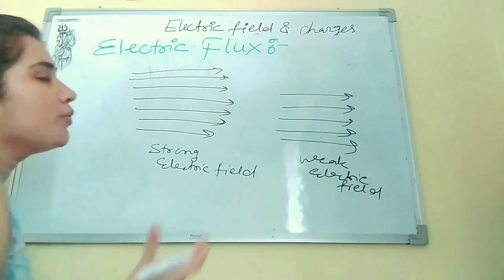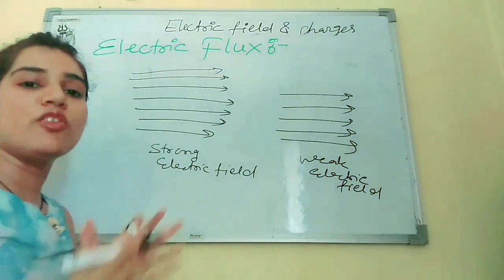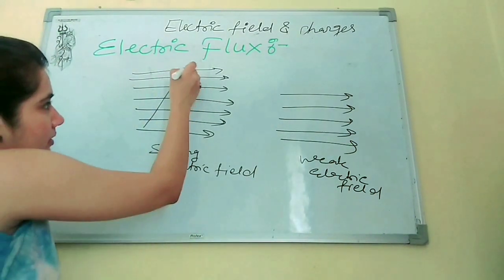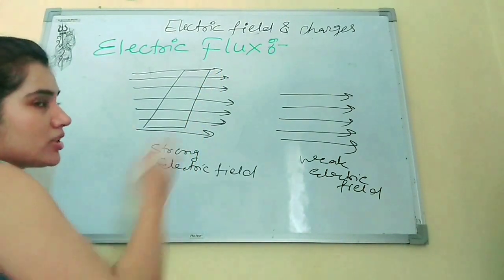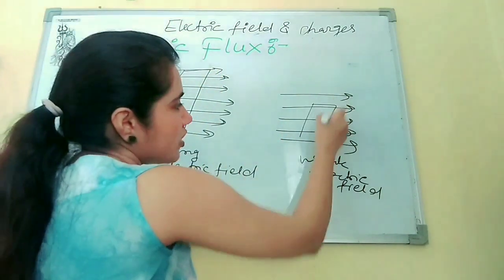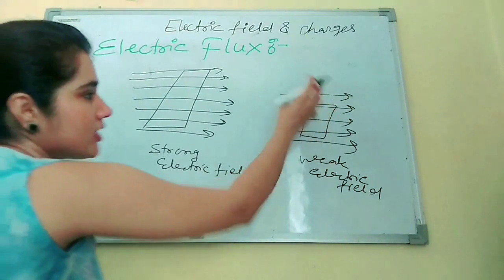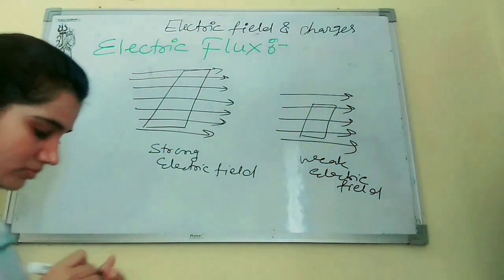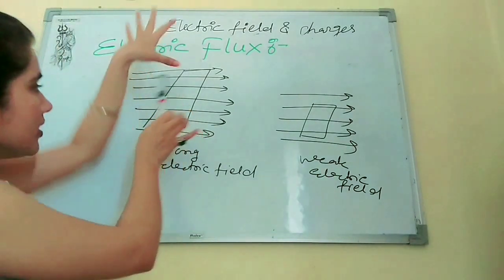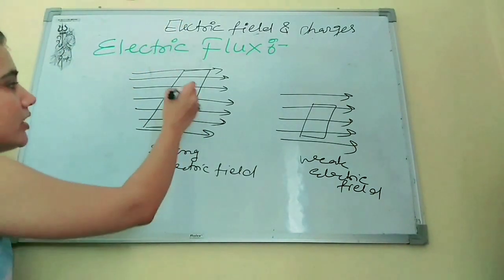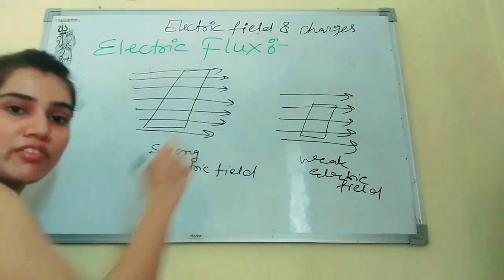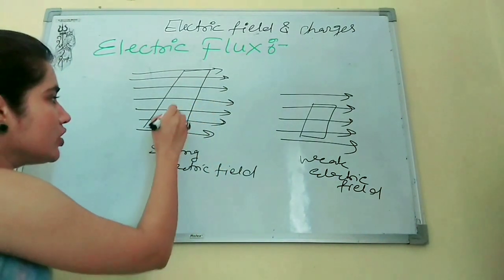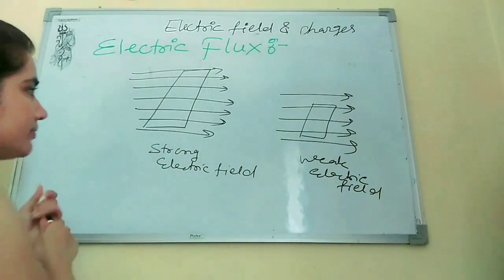In this region you are seeing the electric field lines are less, which means it has a weak electric field. Now what we will do, we simply put any square surface in this particular region, and another smaller square surface in this region. See this surface and the lines passing through it: 1, 2, 3, 4, 5.